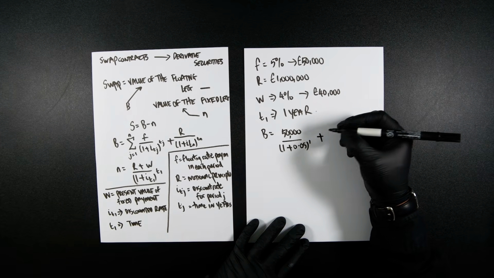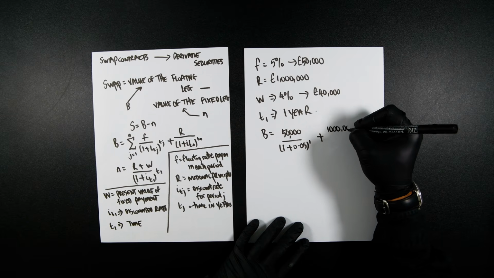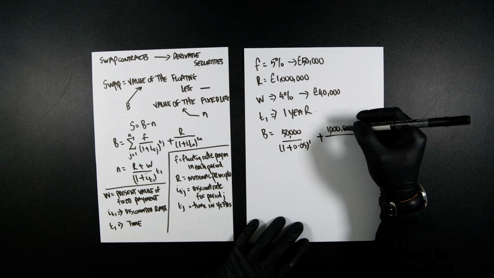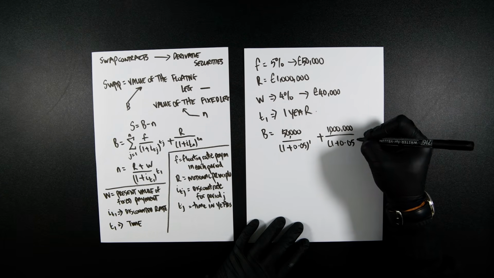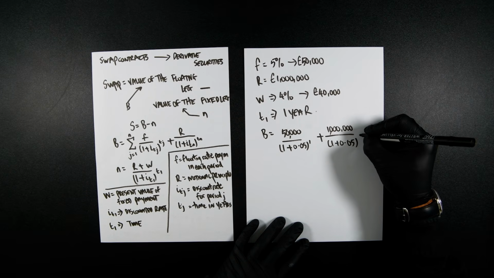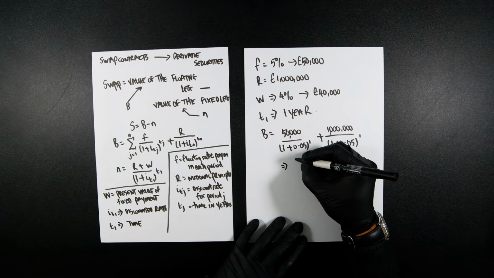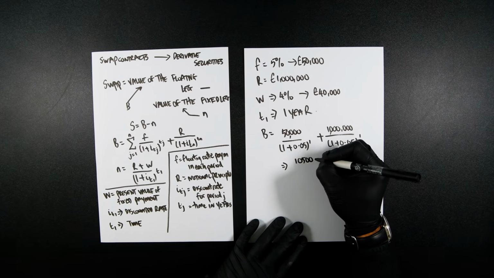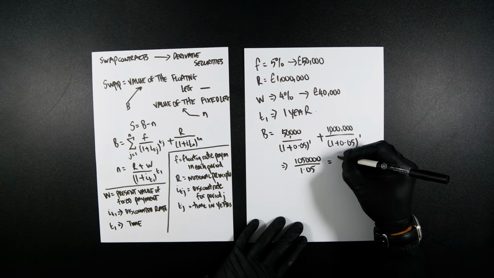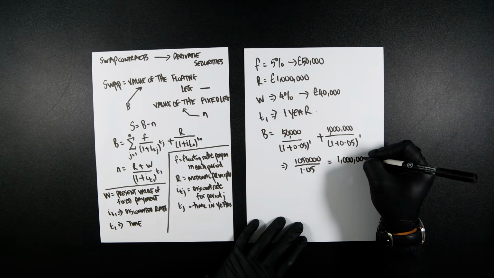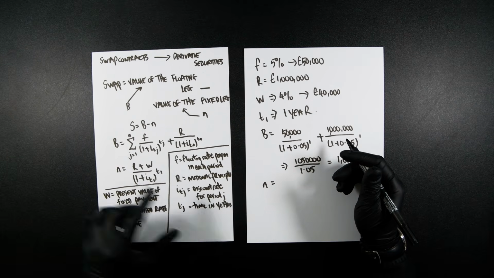And then we add that to R, which is the notional principal, which is going to be 1,000,000, divided by, and then we're going to do the exact same thing again, 1 plus 0.05 to the power of 1. So this now all broken down is going to be 1,050,000 over 1.05, which is 1,000,000.